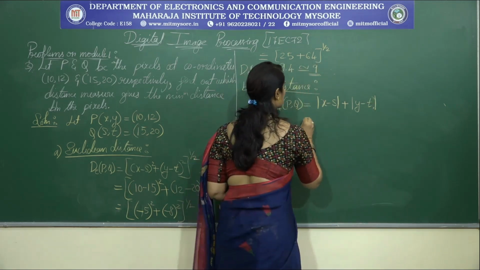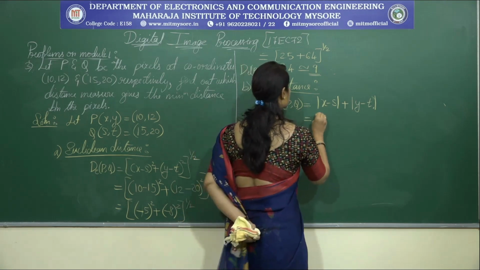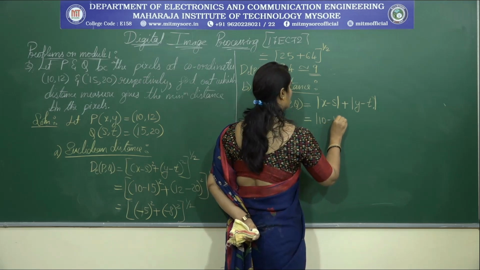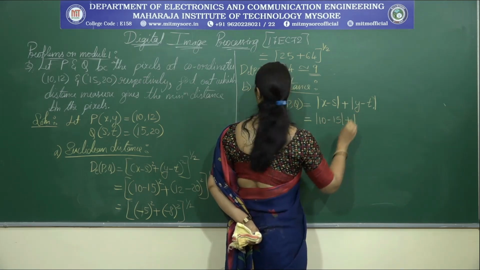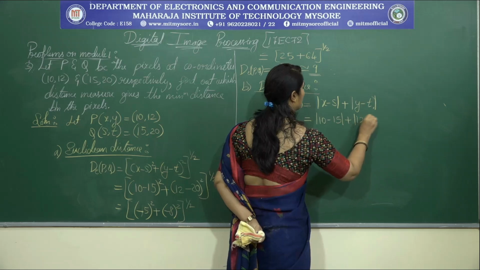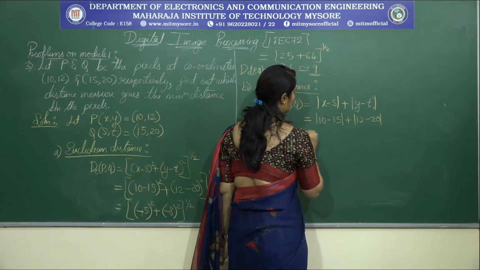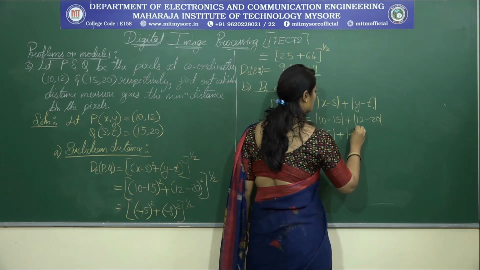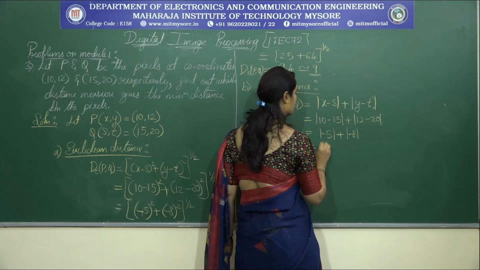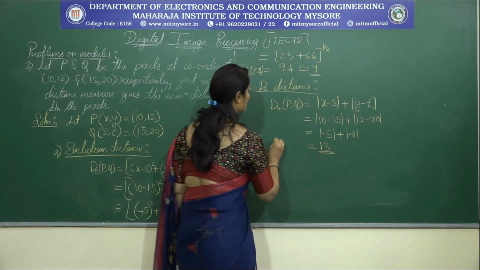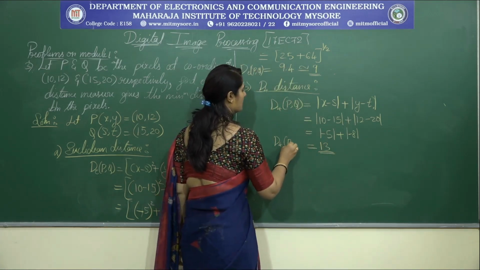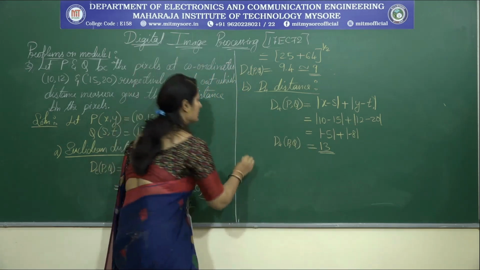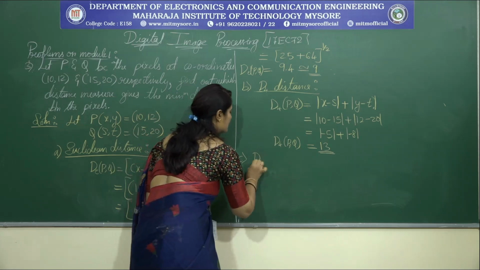Okay. So this is equal to, what is x here? x is nothing but 10 minus 15 plus y, which is 12 minus 20, which is equal to the magnitude of minus 5 plus the magnitude of minus 8. This is equal to 13. Therefore, the D4 distance between P and Q is 13. Next, the last thing, let us find out the D8 distance.